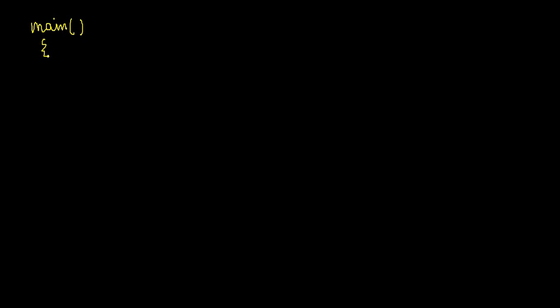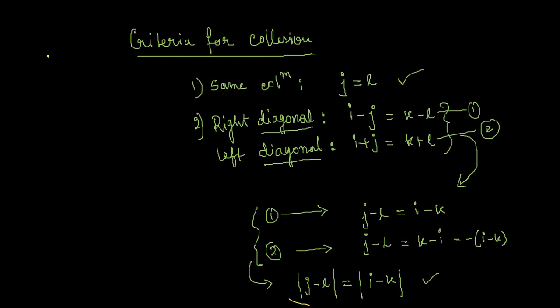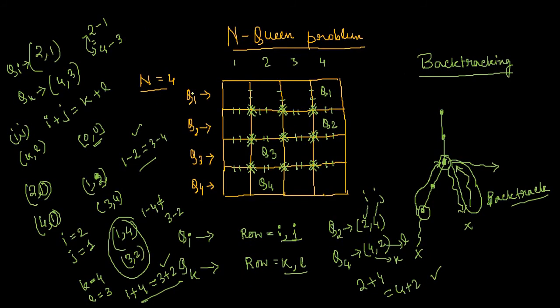And you see, I have two things over here. The strategy is that the king will first place queen 1 in a place, and then it will try to place queen 2, then queen 3, then queen 4.